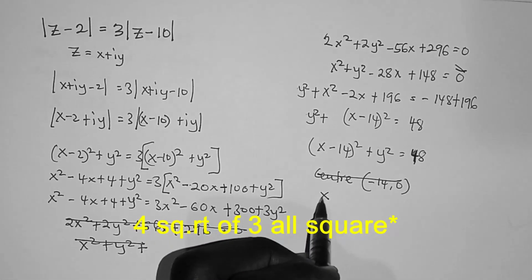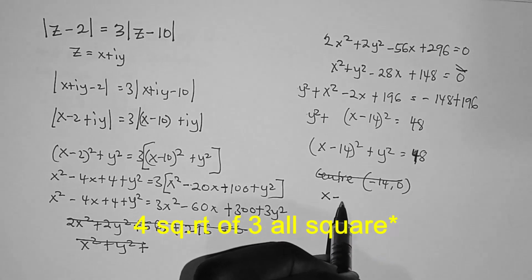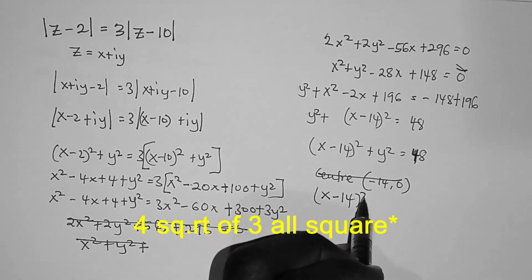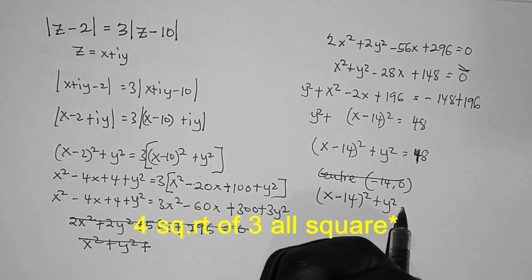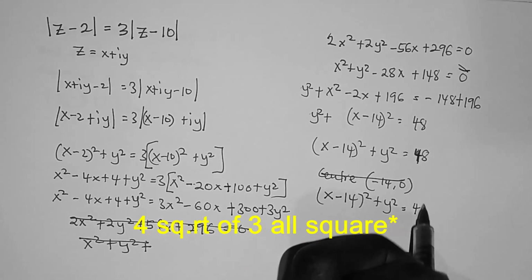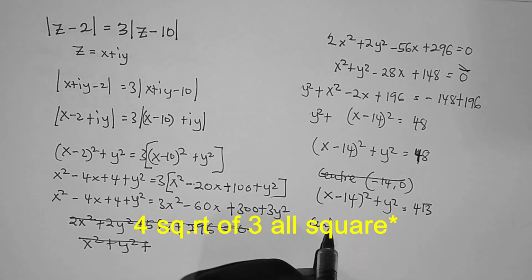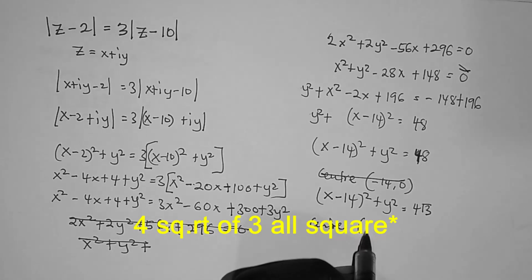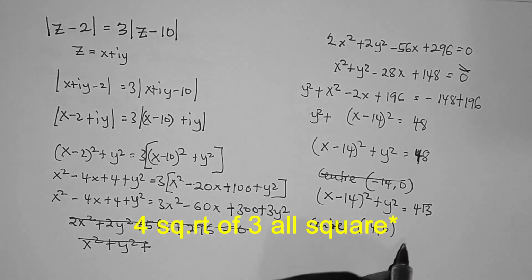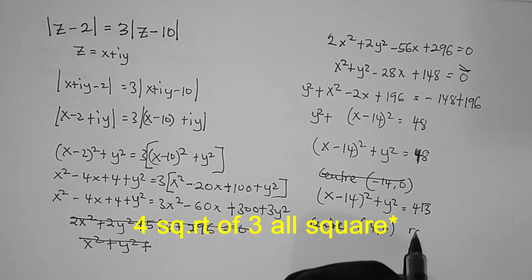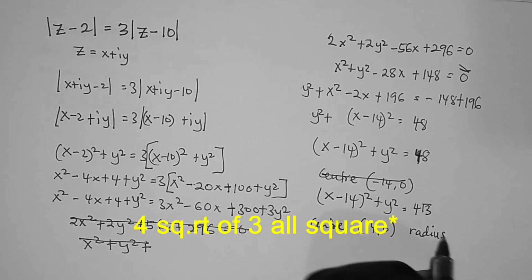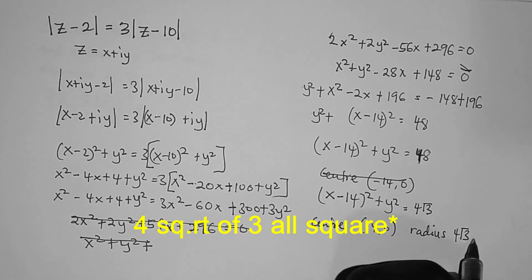So this is a circle with center (14, 0) and radius 4√3 units.